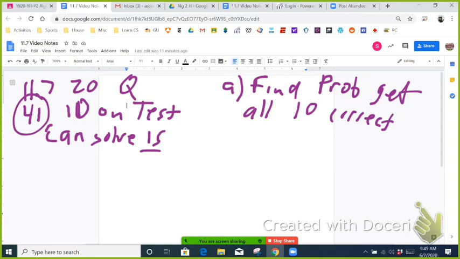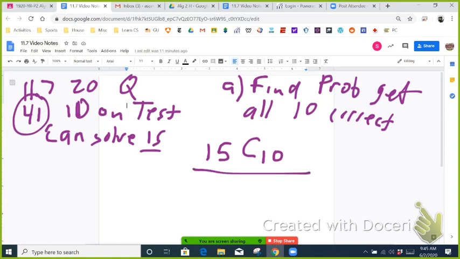So A is, find the probability that a student will be able to answer all 10 questions on the exam. So the number of ways you can answer all 10 questions on the exam would be 15 choose 10. Because out of the 15 questions, you want to know how many ways can you pick 10 of those. And the order doesn't matter, because if you know the question, you're going to get it correct.